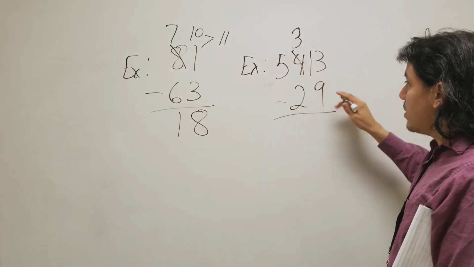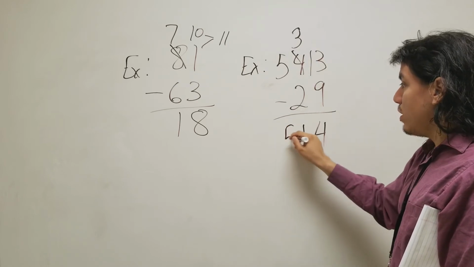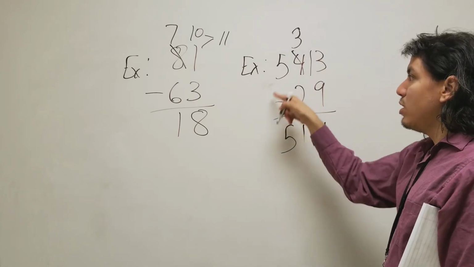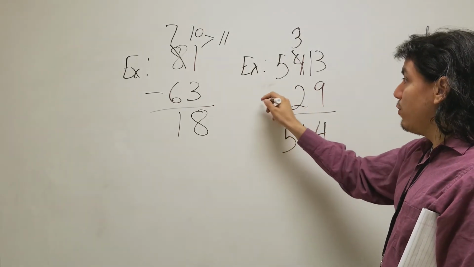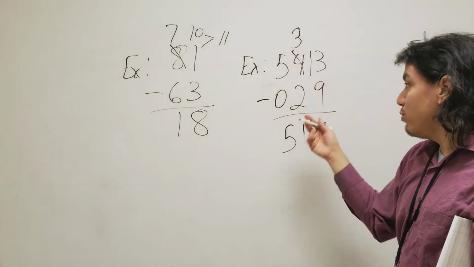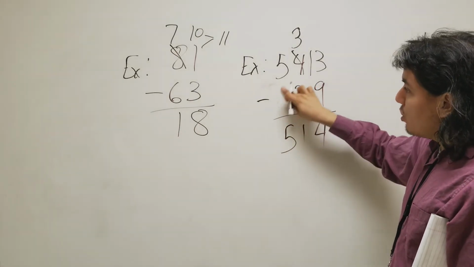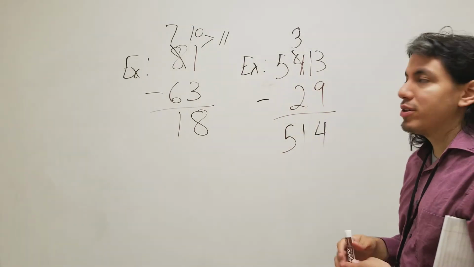So 13 minus 9 would be 4, 3 minus 2 is 1, and I just have 5 because there's no place value in front of the 5. If you want, you could put the 0 because it's a place value, but traditionally, if you see nothing there, 0 is there pretty much. You subtract the 2.